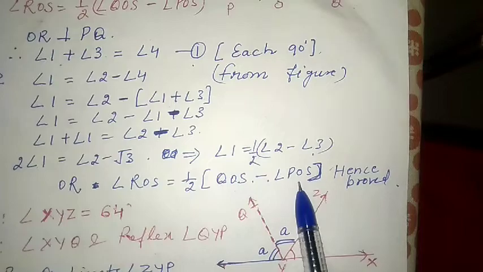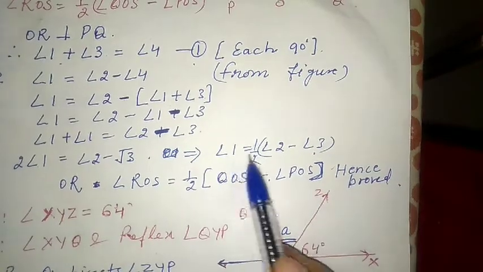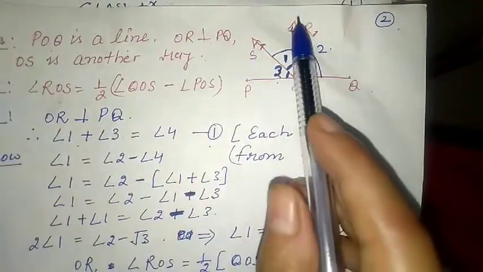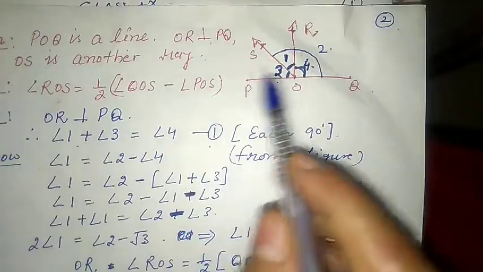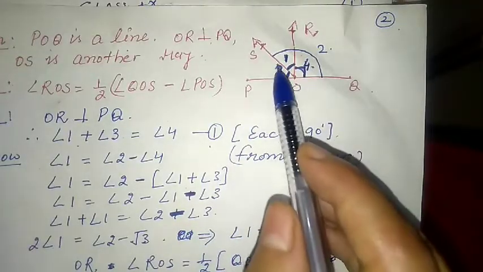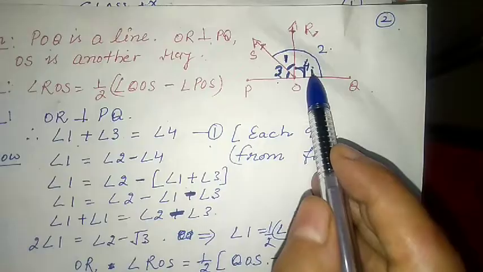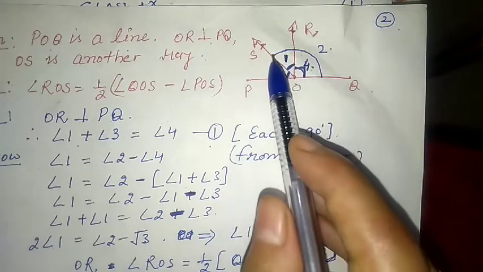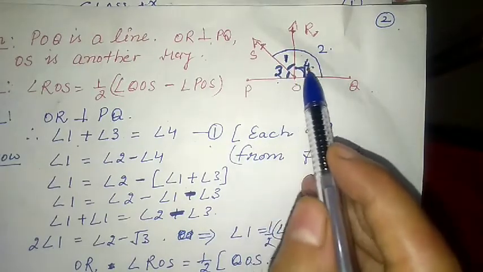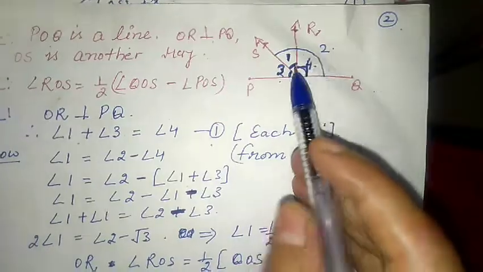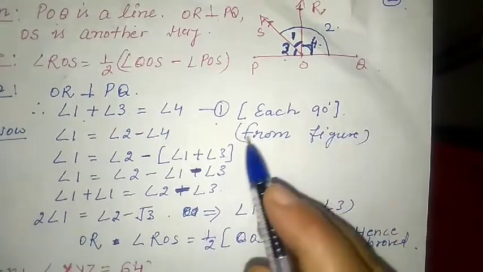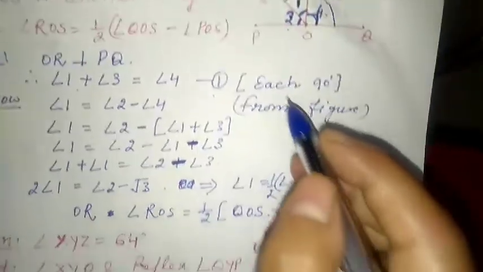And angle 1 is equal to ROS. So two relations we will use. First, angle 1 plus 3 is equal to angle 4. Second, angle 1 is equal to angle 2 minus angle 4. Then with the help of these two equations, we can solve the question.